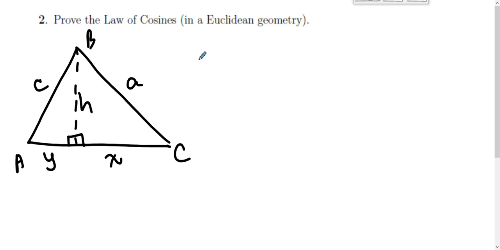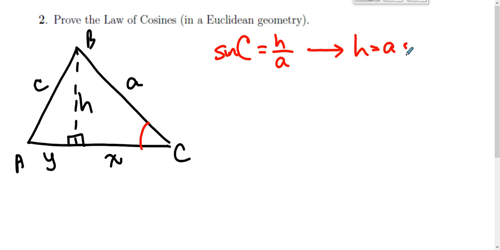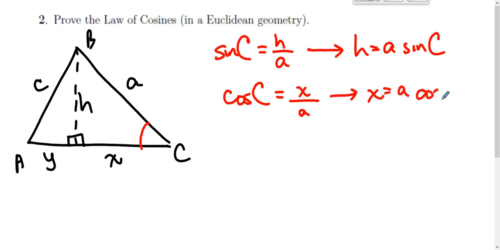So in this proof, we're going to focus on angle C. We're going to recognize that the sine of angle C is opposite over hypotenuse, which means that h is a sin C. And then we're going to recognize that the cosine of angle C is adjacent over hypotenuse, which means that x is a cos C.